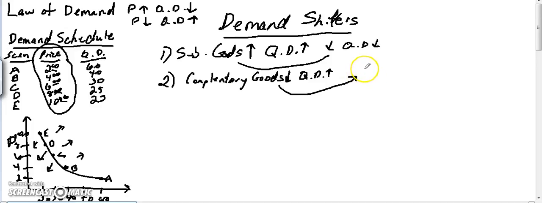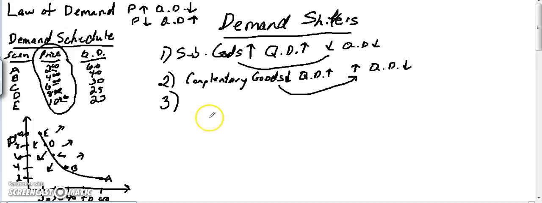If I'm spending more on that MP3 player, that iPod, or whatever it is that I'm listening to my music on, then obviously I'm not going to be able to buy as many songs to listen to. And once again, the quantity demand increase would be represented by the rightward shift in the demand curve, and the leftward shift would be a decrease in quantity demanded.